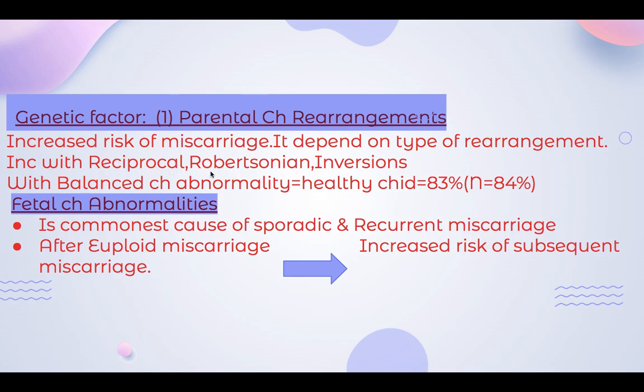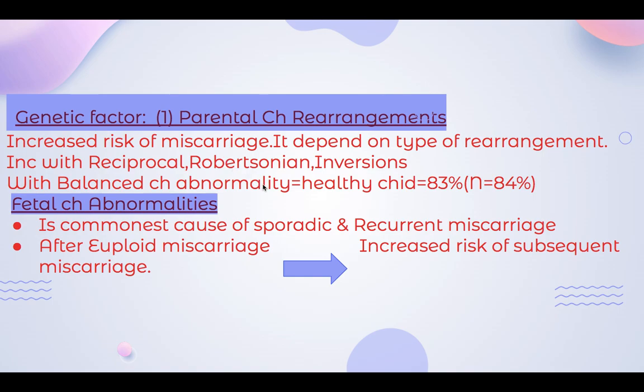Every percentage is not important to remember, but just to make you feel how important it is, reciprocal translocation increases the miscarriage rate by 54%, Robertsonian translocation by 34%, and inversions increase the risk of miscarriage by 49%. Others also come, but the important point to remember is that parental chromosomal rearrangements increase the risk of recurrent miscarriage. So it is a risk factor and it exists, right?